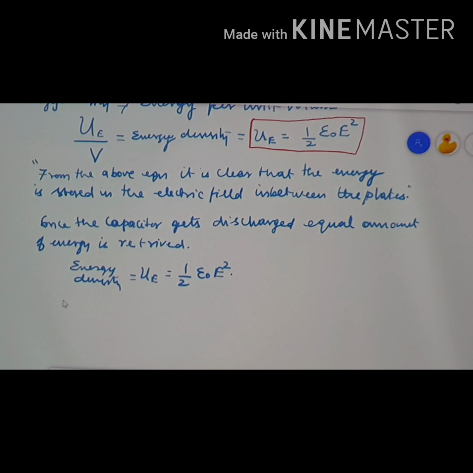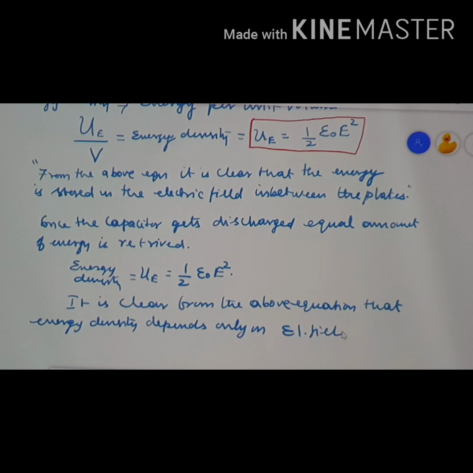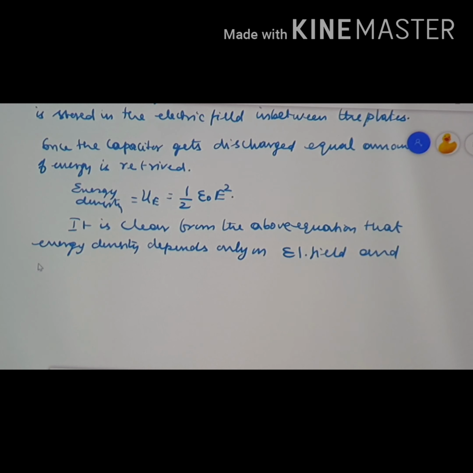So it is clear from the above equation that energy density depends only on the electric field, or we can say the square of the electric field, and it is independent of the size of the plates in the capacitor, because area or volume is not available.